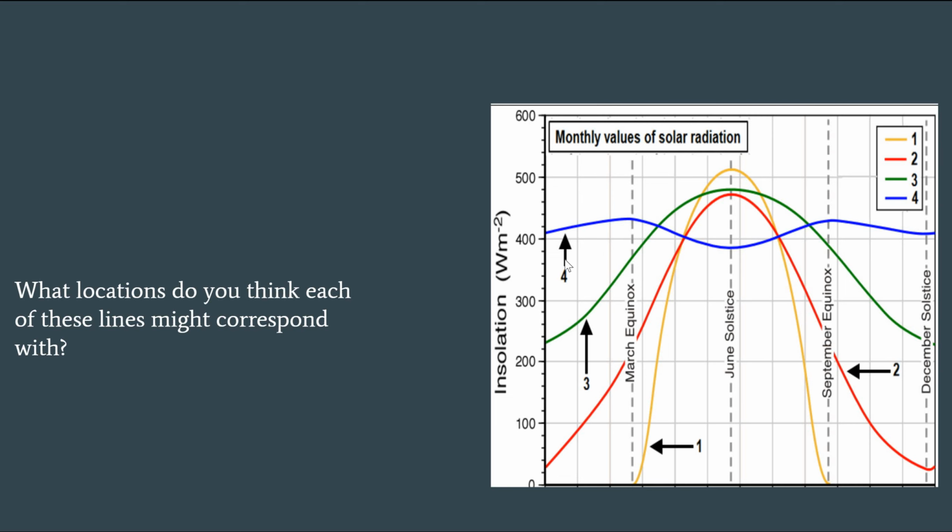Now the fourth line is interesting. We can see that the insolation peaks at the equinoxes and actually dips a little during the June solstice. What this tells us is that it's probably at an equatorial region. At the equinox, you can imagine the Earth, tilting back and forth on its axis, is basically straight, for lack of a better word.